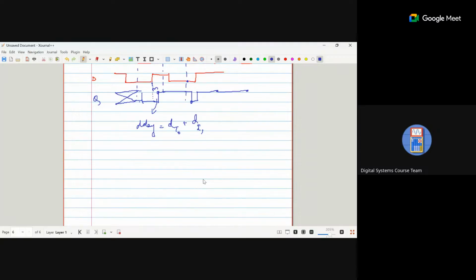And there are two main delays, T setup and T hold. Setup is something that happens before the sampling edge, and hold is something that happens after the sampling edge. After the sampling edge, the minimum time you need for the data to get stable, that is hold. And before the sampling, the time to get stable, that will be T setup.